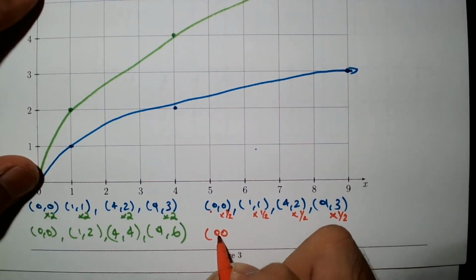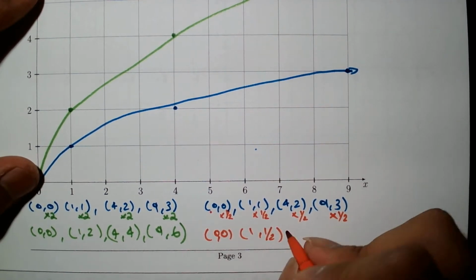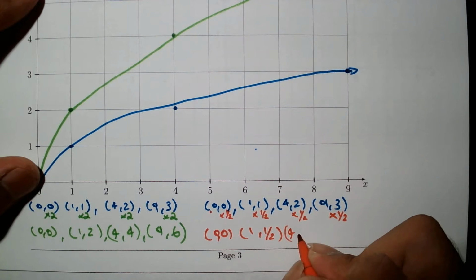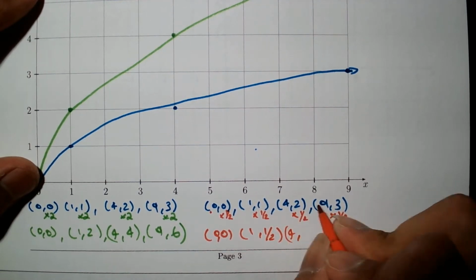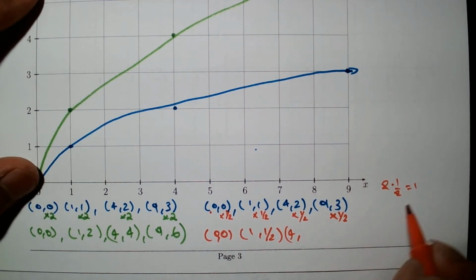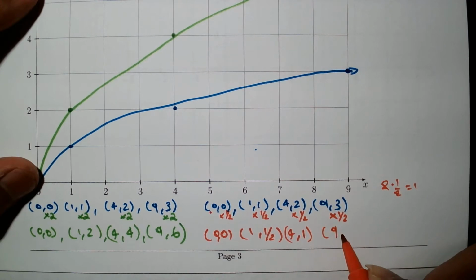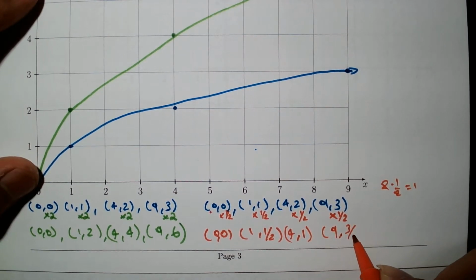0, 0, 1, 1/2, 4, 2 times 1/2 is 1, and 3/2 is simply 3/2.